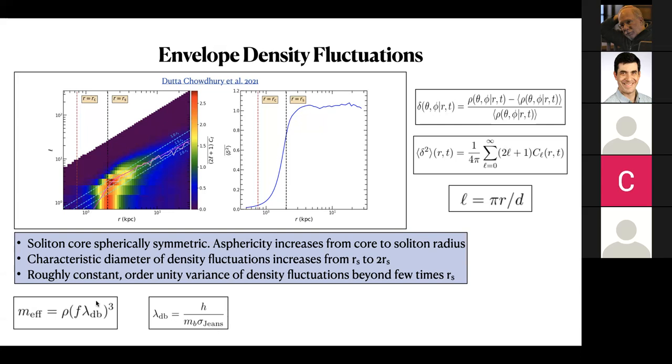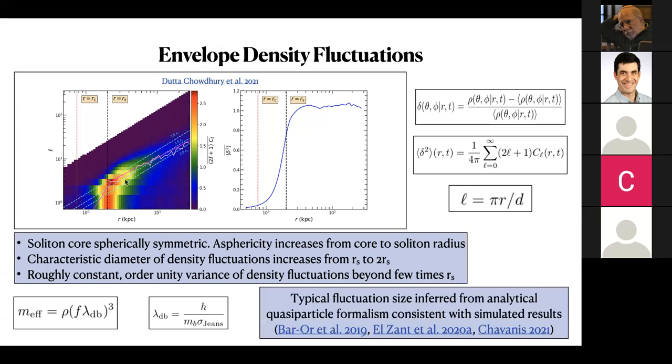Once we know what the effective mass is in these models, we can convert that to a size. We can assume that these quasi-particles are spherical, convert that to a size, and convert that size to an L using this relation. That is what is shown by this magenta curve here. So basically, this shows that the typical fluctuation size outside the soliton inferred from our simulations agrees with this analytical quasi-particle based picture.